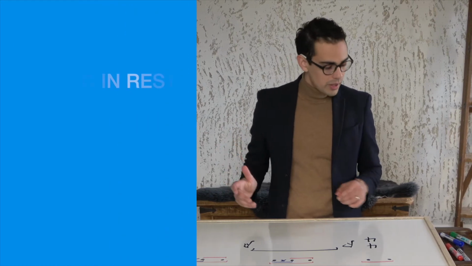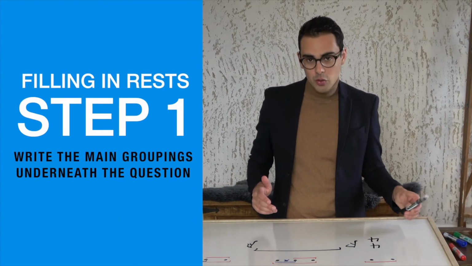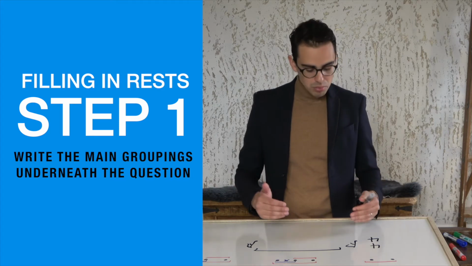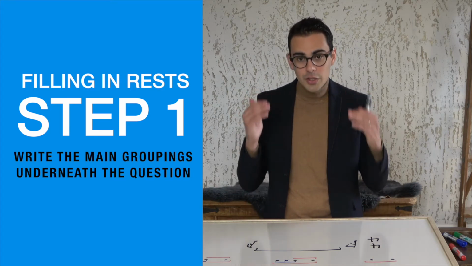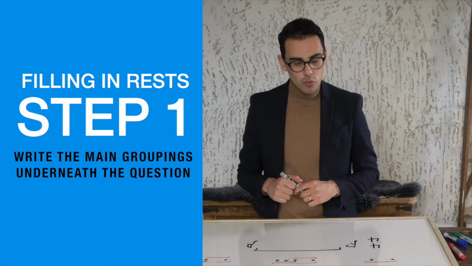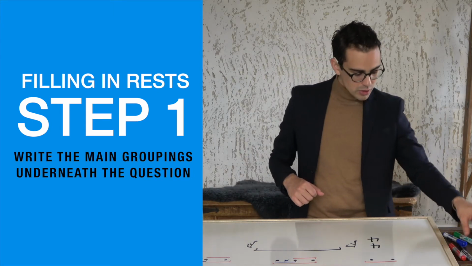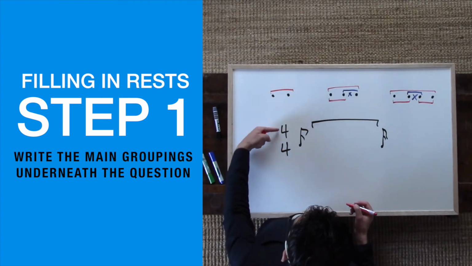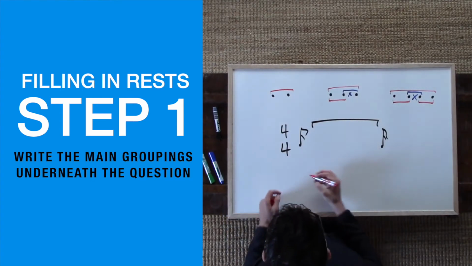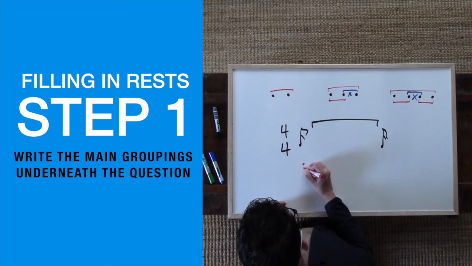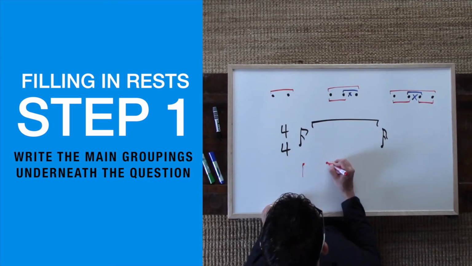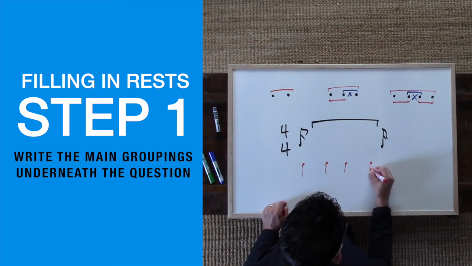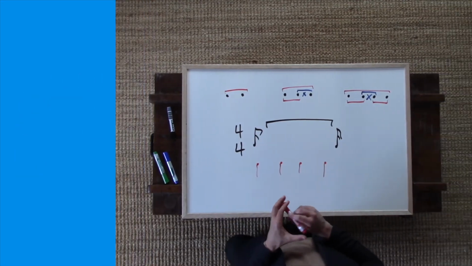Step 1 is to write the groupings of the meter in the blank space underneath the question, so that you can see and keep track of what you're actually doing. So let's do that right now. For 4/4 time, there are 4 quarter notes in this bar. 1 quarter note, 2 quarter notes, 3 quarter notes, 4 quarter notes.